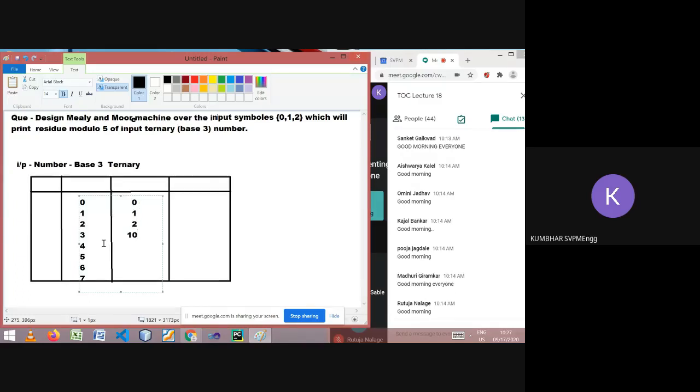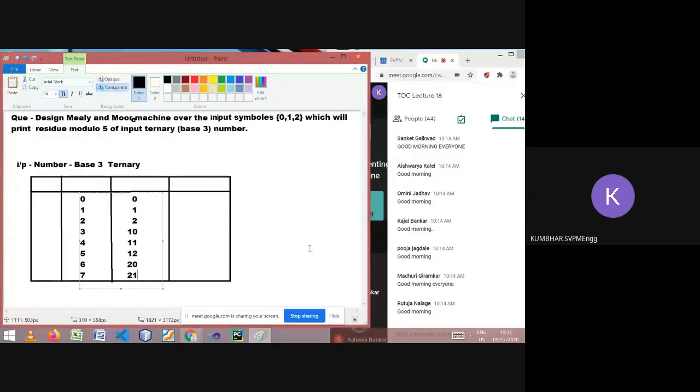Can you help me? 4 means 1 1. 5 means 1 2. Is it correct? Then 6 in decimal means 2 0. And 7 in decimal in ternary will be 2 1.